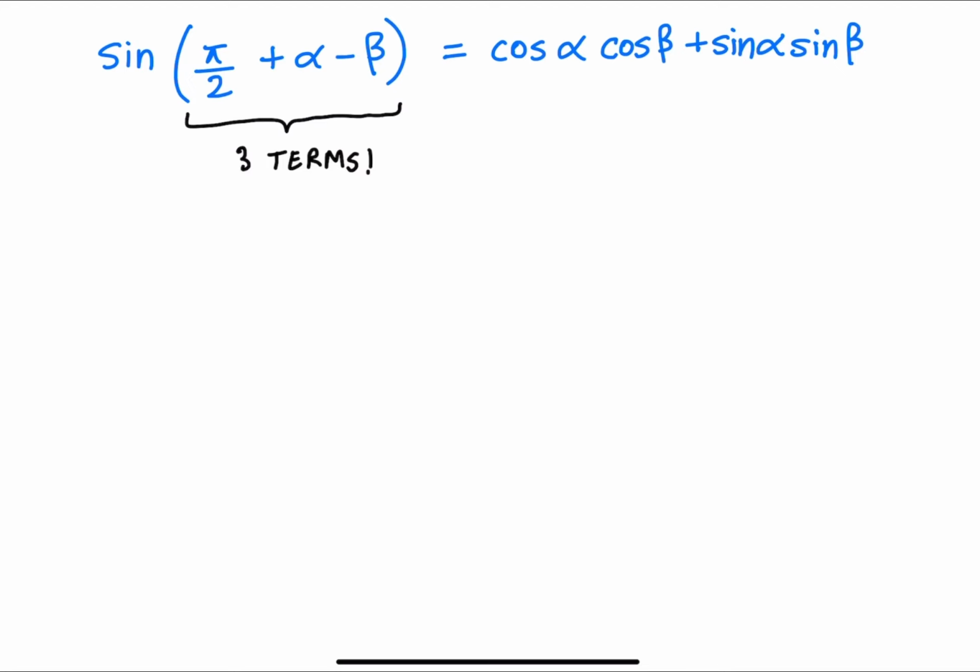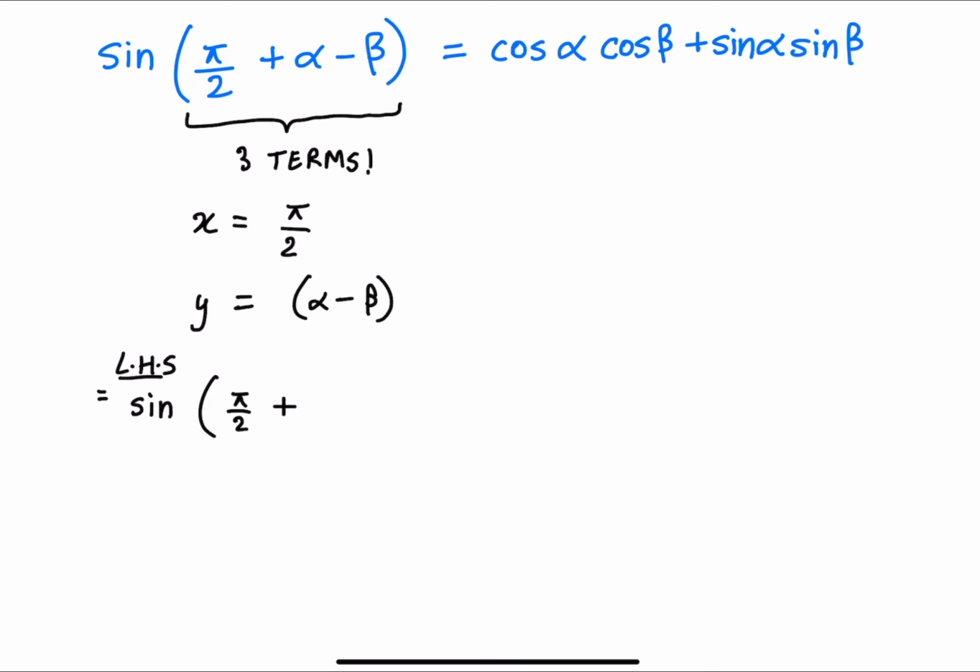Well, what we can do is take x to be pi by 2, and we can take y to be alpha minus beta. So this way, we can write the left-hand side of the equation as sine of pi by 2 plus alpha minus beta, and in this sense, it only has 2 terms in its brackets.